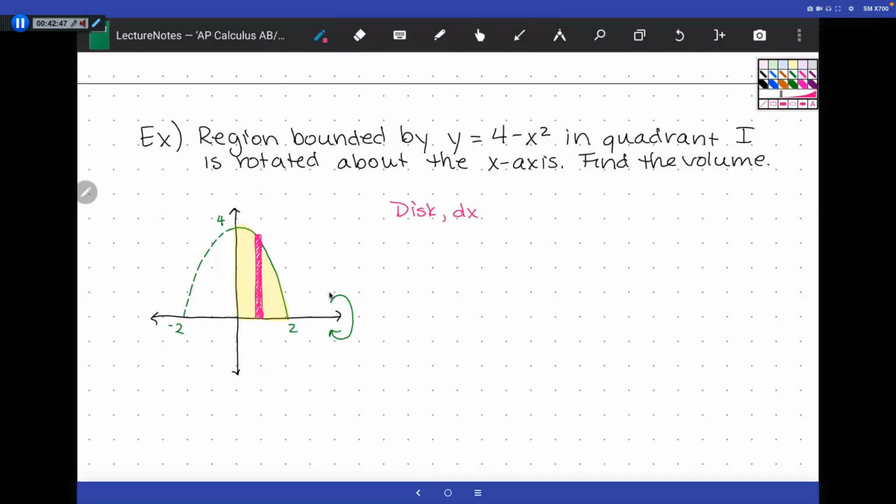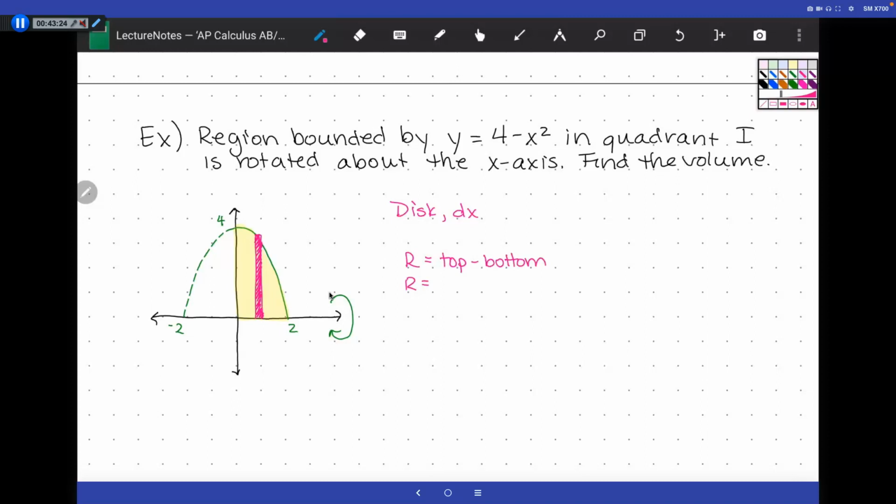So we only have to find one radius. And this radius, is it a top minus bottom or right minus left? Yep, top minus bottom because it's vertical. So we just have to figure out what the equation is on the top and on the bottom and make our radius from that. As this representative rectangle is drawn across the region, is it always the same graph on the top? Yeah, it's always the parabola.